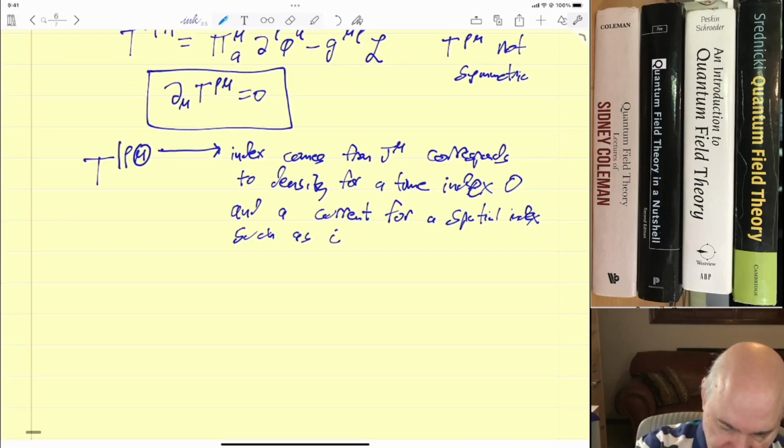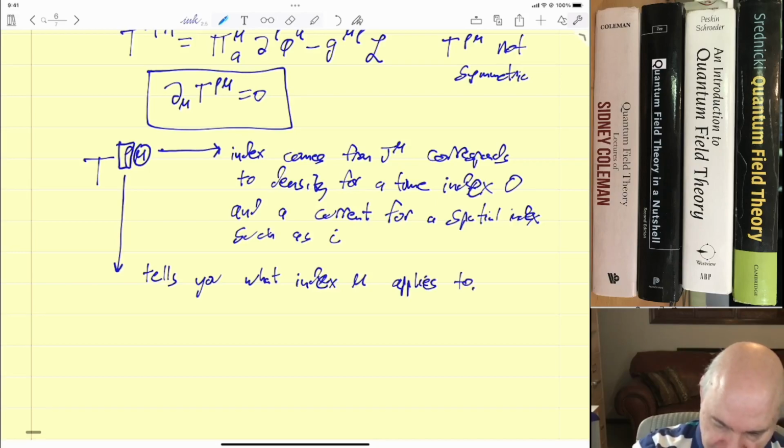Now the rho index tells you what index mu applies to. We said already that it's either a density or a current, but of what? So if rho is 0, then it's energy.